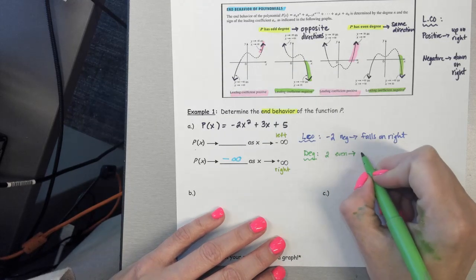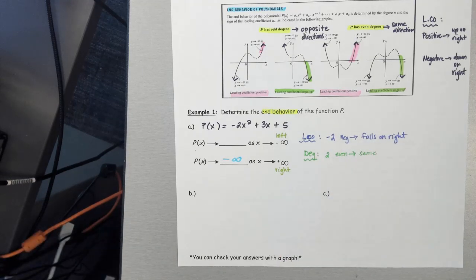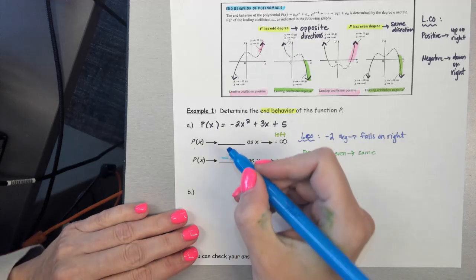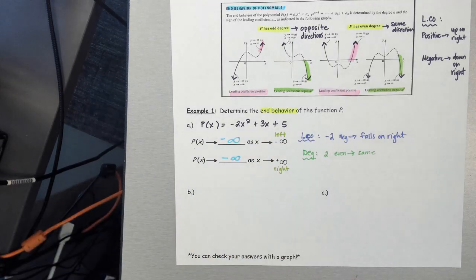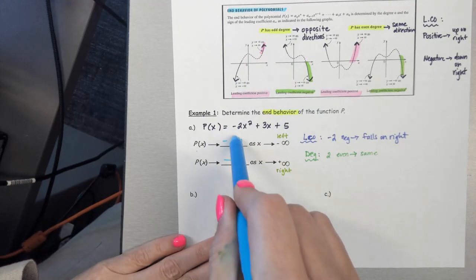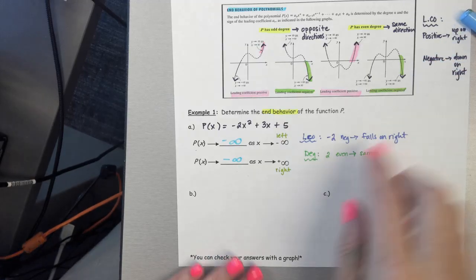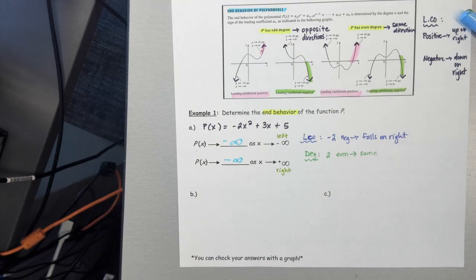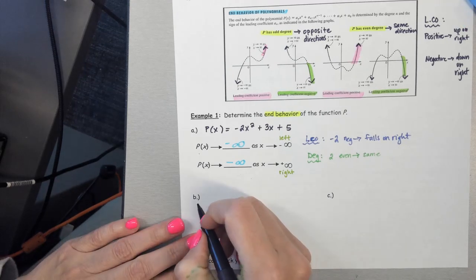If it's even, they go in the same direction. So if this is negative infinity, then this also has to be negative infinity. If the degrees are even, your statement for p of x will be the same, and for odd it will always be those opposites.